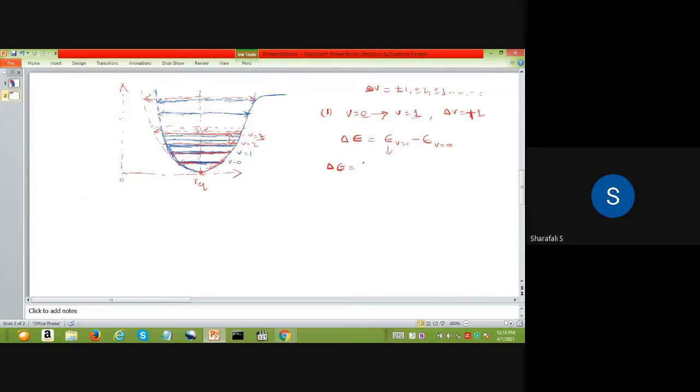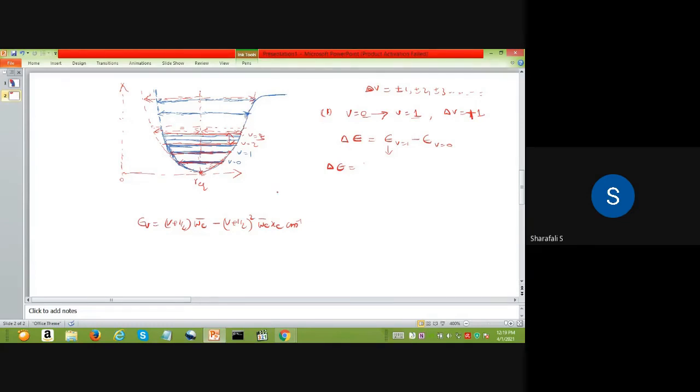So we have this expression epsilon v equal to v plus half into omega e bar minus v plus half squared times omega e bar xe. This we already discussed in the last section. What is the energy difference between each energy level?